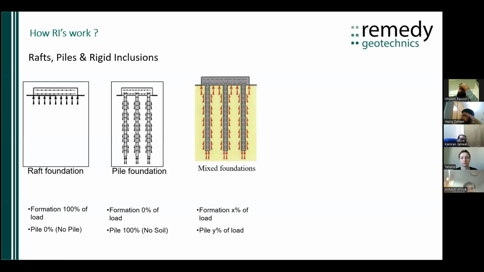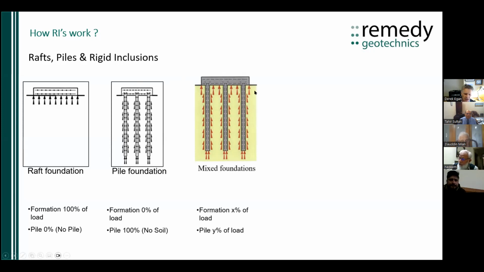Then you have the mixed foundation or a piled raft foundation, which is entirely feasible, but tends not to be used that much apart from in more specific situations where you're allowing the ground between piles, and we're still considering these as piles, to take some load, and the remainder of the load goes into the pile.